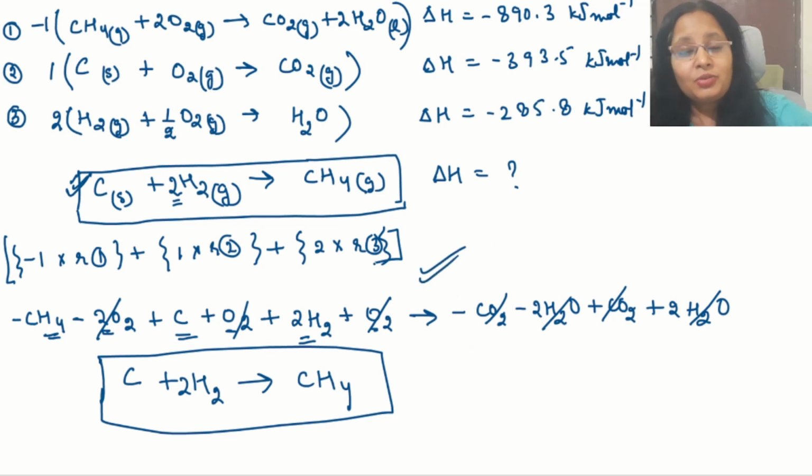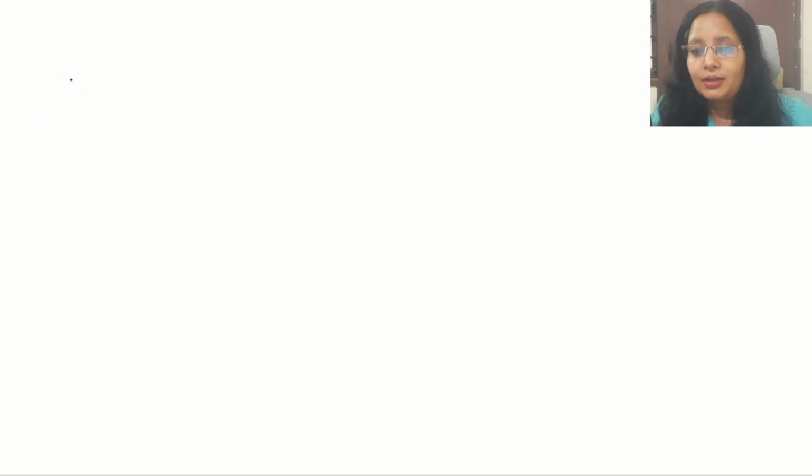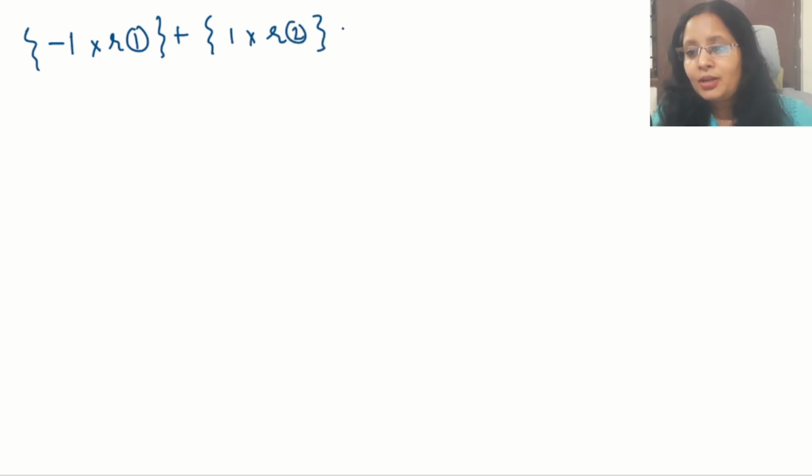We will do the same thing with the numerical values of the enthalpies. Let's see. What we have to do here is minus 1 into reaction number 1, plus 1 into reaction number 2, same as we did, plus 2 into reaction number 3.